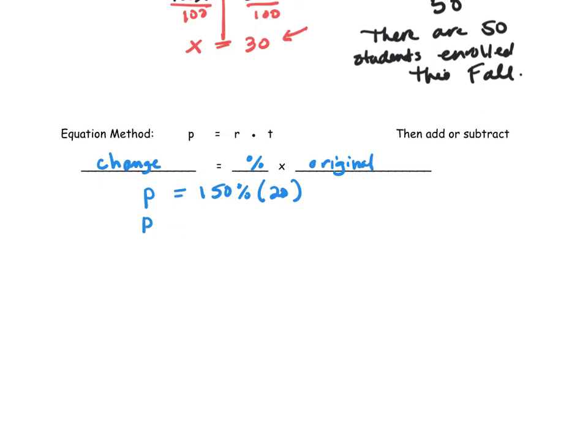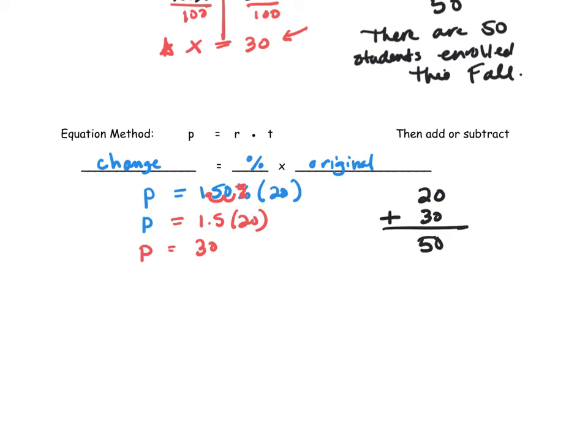Like we usually do, we're going to get rid of the percent, divide by 100, or move the decimal twice to make this into a decimal number instead of a percent, times 20. And when we multiply 1 and 5/10 times 20, we're going to get 30, which is what we had last time. But we still have that additional step. Again, last fall, there were 20 students. There's been an increase of 30 students, and now there are 50 students total enrolled this fall.